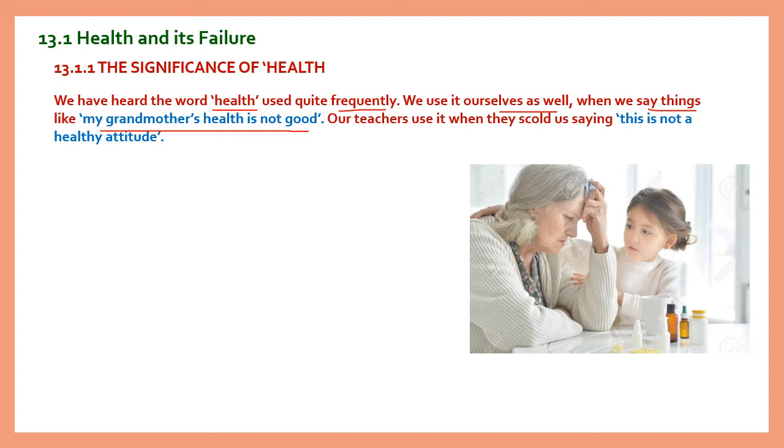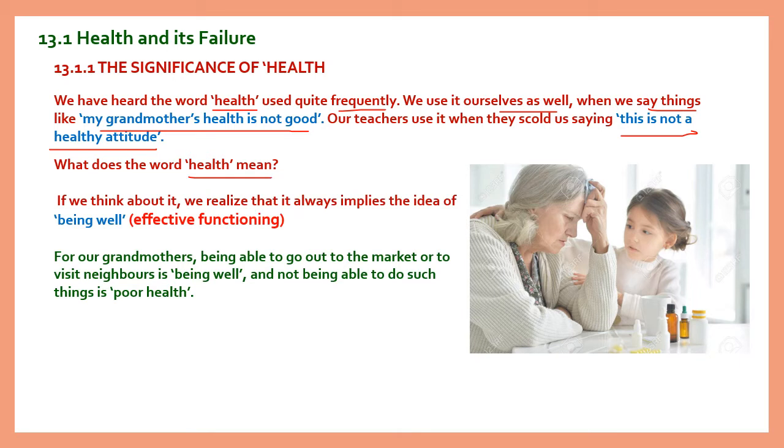Our teachers also use this word, and they say this is not a healthy attitude, or this is not a healthy environment. See, we are using health here for the person and also for the attitude. So what does the word health mean? If we think about it, we realize that the word health implies the idea of being well.